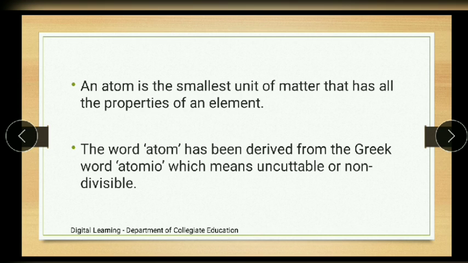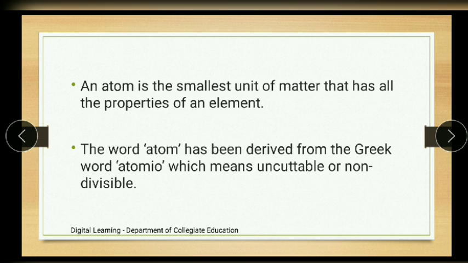The ancient Indian sage Kanada called the atom Paramanu, the ultimate particle of matter. The word atom is derived from the Greek word atomio, which means uncuttable or non-divisible.